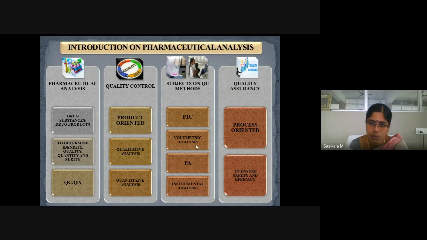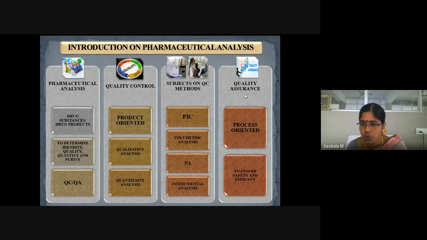So hope you have understood the difference between volumetric analysis and instrumental analysis. Volumetric analyses are basic quality control methods for drug products, whereas instrumental analysis comprises modern or sophisticated methods, very sensitive methods also, for analyzing your analytes.